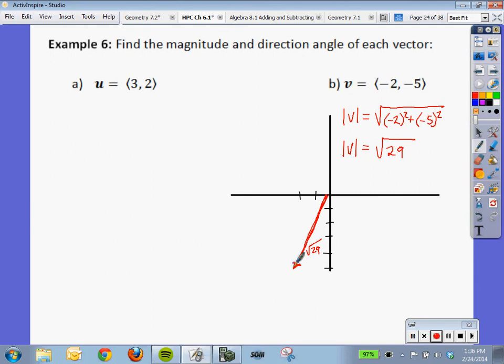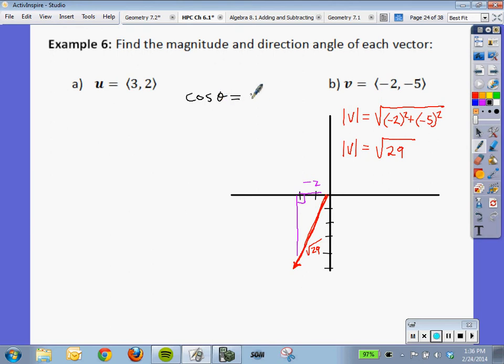And if we think about this in terms of a right triangle, I got my horizontal component of -2, right? So we got the inverse cosine, which will give us the angle.